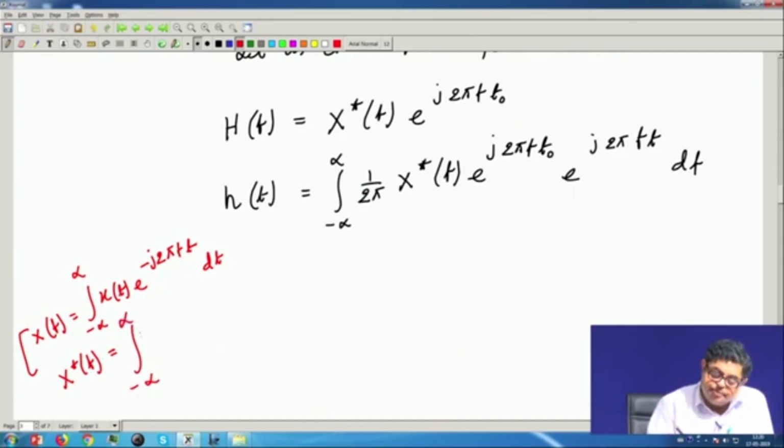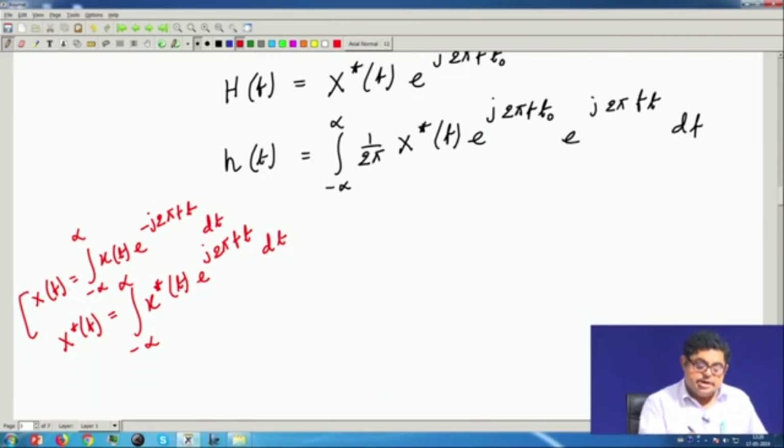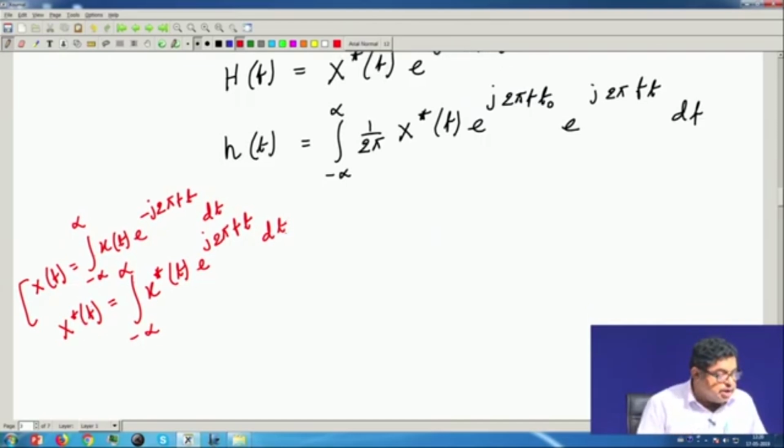So, that will be the integral of x star(t) e to the power j 2 pi f t dt. X(f) is a complex number, so its conjugate means these two should be conjugated.